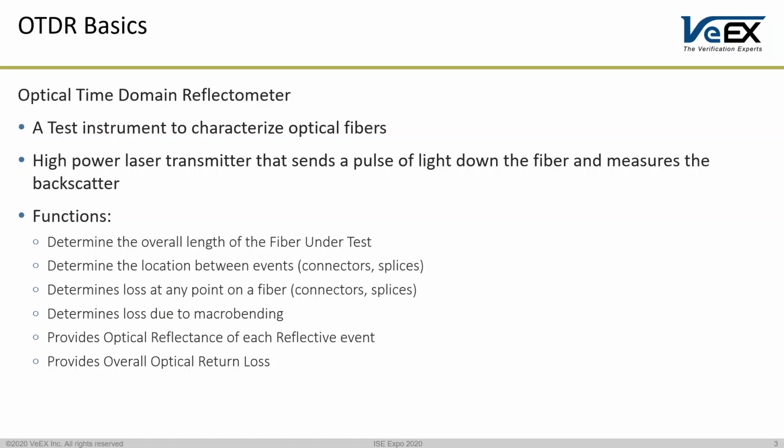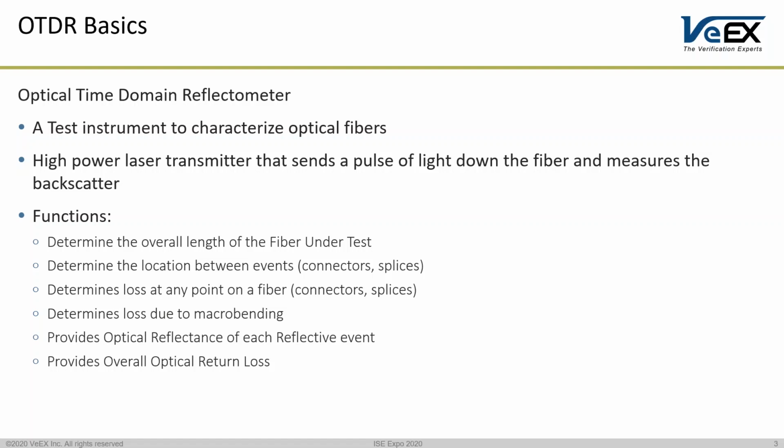With these reasons in mind, you can use the OTDR to troubleshoot your system. When there is excessive loss, you need to troubleshoot why there's an excessive loss. Is it a bad connector? Is it a bad splice?